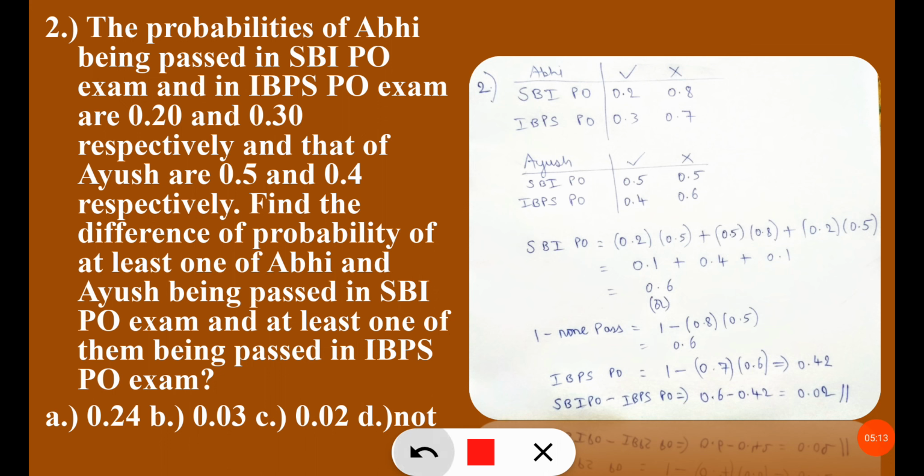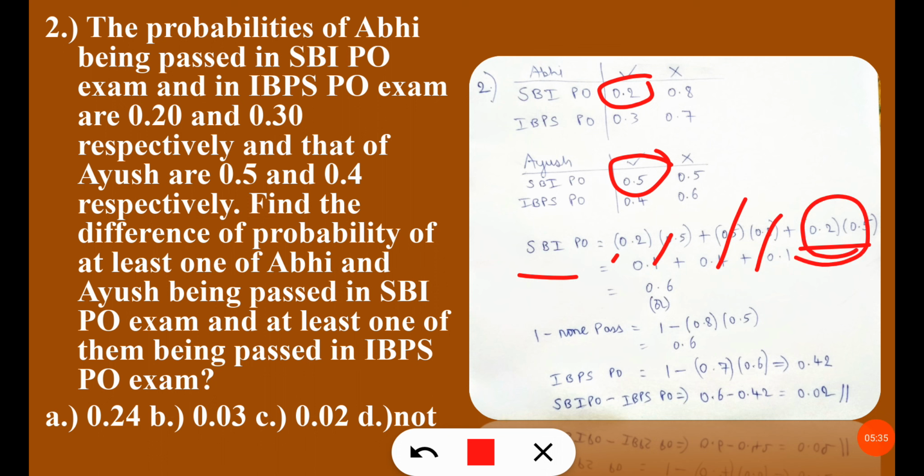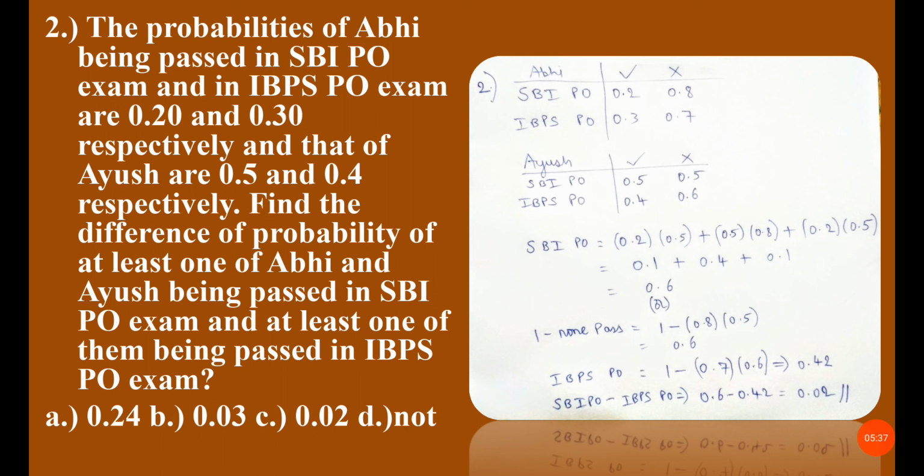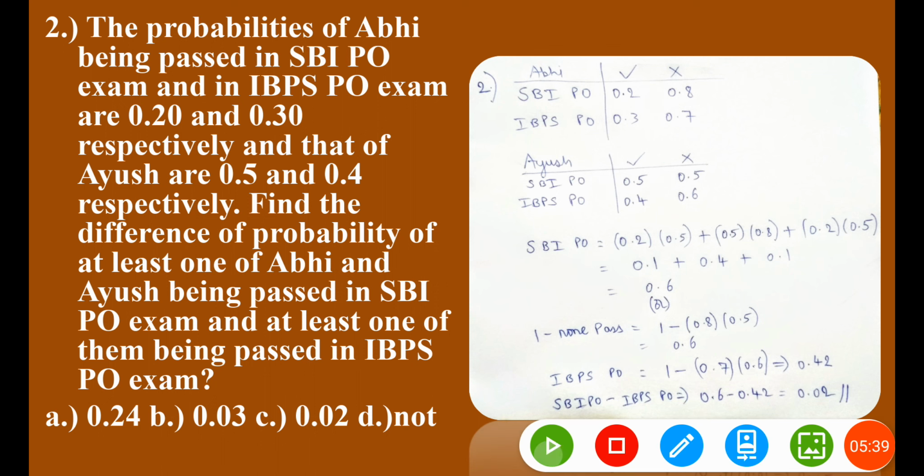Next, for the case where both have passed, it is 0.2 into 0.5. I repeat, Abhi's success probability is 0.2 and Ayush's failure probability is 0.5. Here Ayush succeeds and Abhi fails, and here both of them have succeeded. That is the scenario we have taken here.